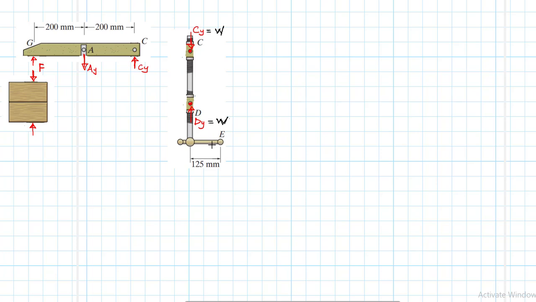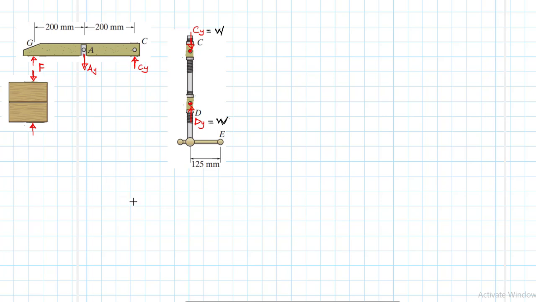So we need to overcome friction both at D and C, taking into account the effects of CY, which is W, and DY, which is W. As we do our model, we include the two effects at once. Let's draw our model quickly so you see what I'm talking about.